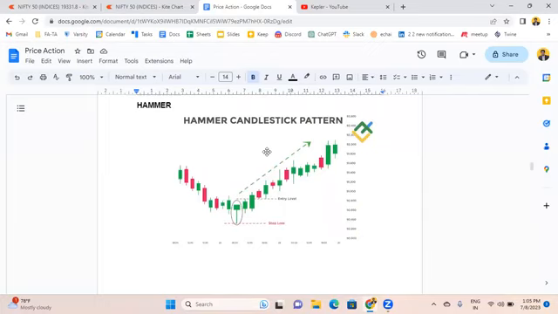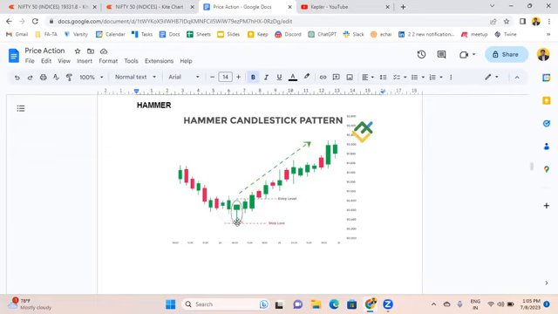Hammer. Hammer is also a reversal candlestick pattern. Hammer occurs after a downtrend. The market was in a downtrend and a hammer occurs. So there is a high probability the market will reverse from here. What is the psychology behind hammer candles? See, a hammer candle's wick is extremely large as compared to the body. Like the body is only 30% and the wick is 70%.